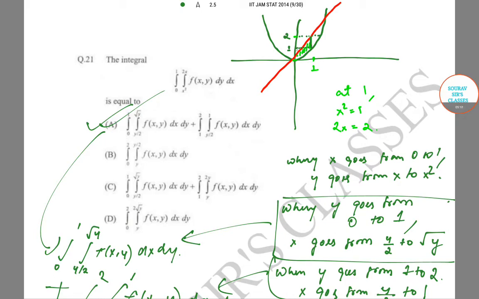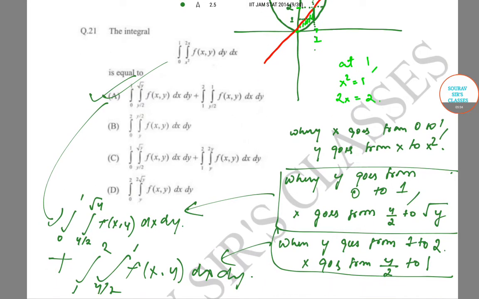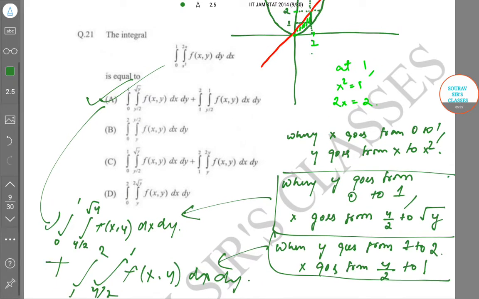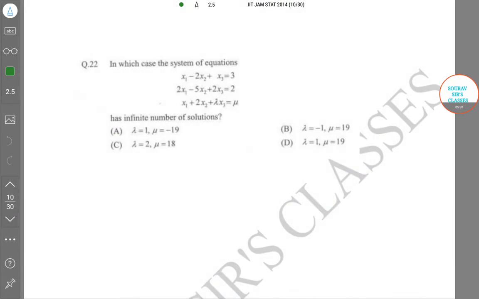However, when y goes from 1 to 2, x goes from this red graph to the x equal to 1 line. So it goes from y by 2 to 1. So this is the end of the problem. We'll move on now to the next problem.